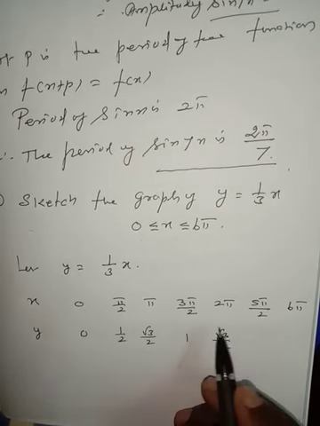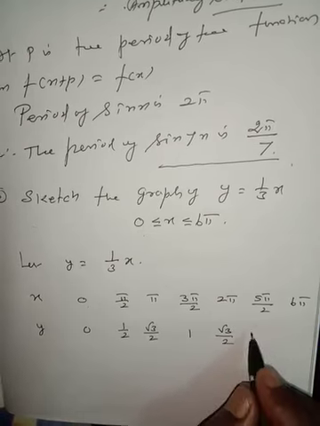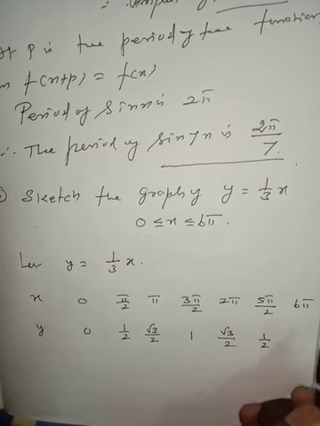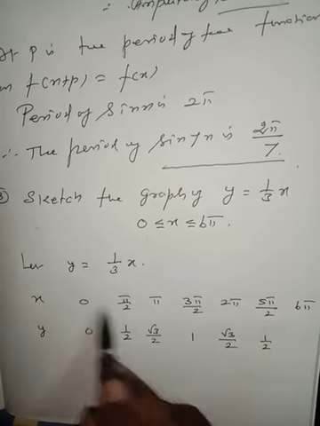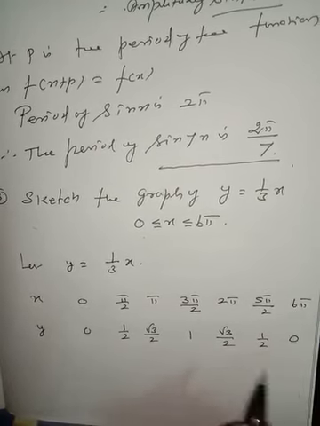Apply 3 pi by 2, the 3s cancel, sin of pi by 2 is 1. Next 2 pi, we get root 3 divided by 2. Apply 5 pi by 2, we get 1 by 2. Next apply 6 pi, the 2s cancel, then sin 2 pi is 0.